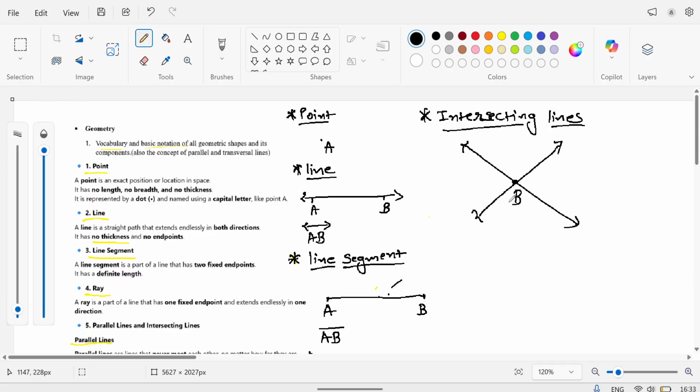This is common point B. This common point is on both lines, and this point is called the point of intersection.